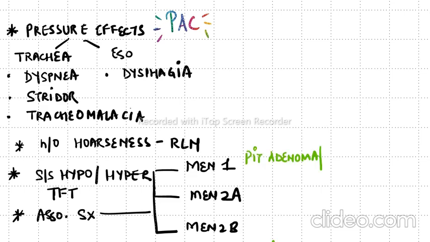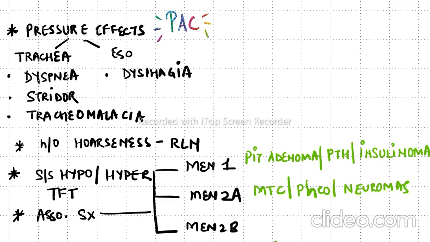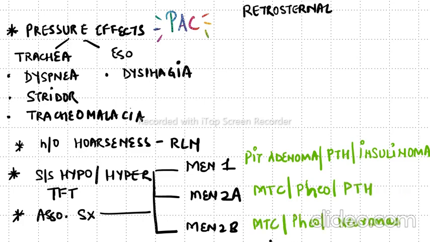MEN 1 has pituitary adenoma, parathyroid hyperplasia, insulinoma. MEN 2A has medullary thyroid cancer, pheochromocytoma, and parathyroid hyperplasia. These syndromes are just for completion, but most important is retrosternal extension, which you should never forget to examine.